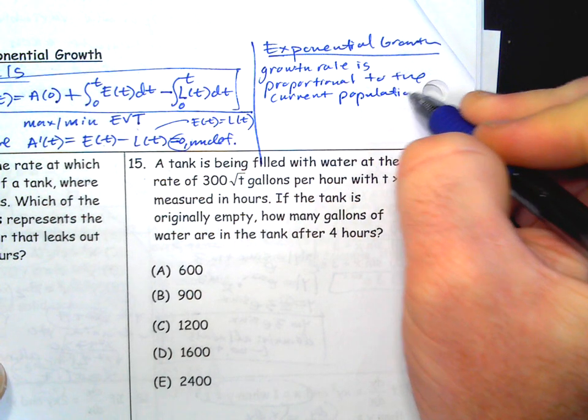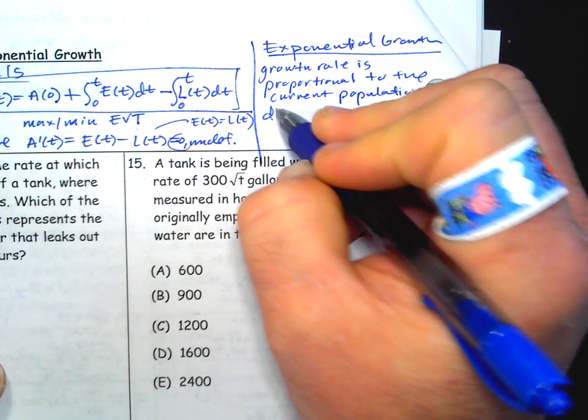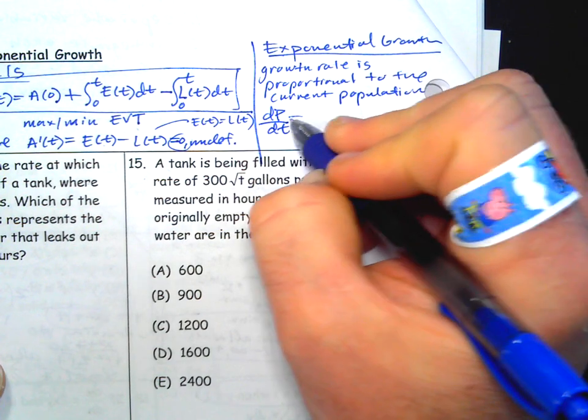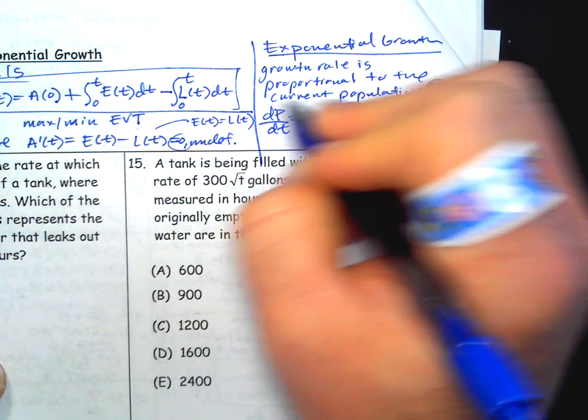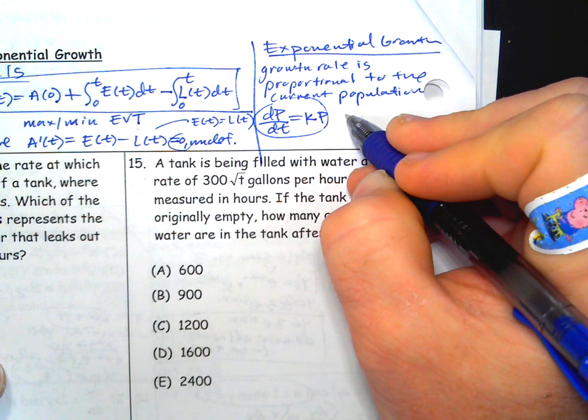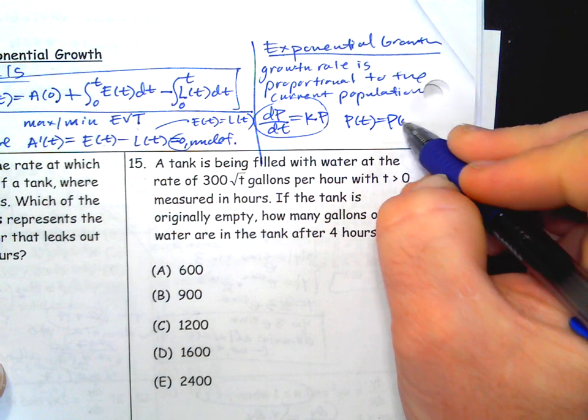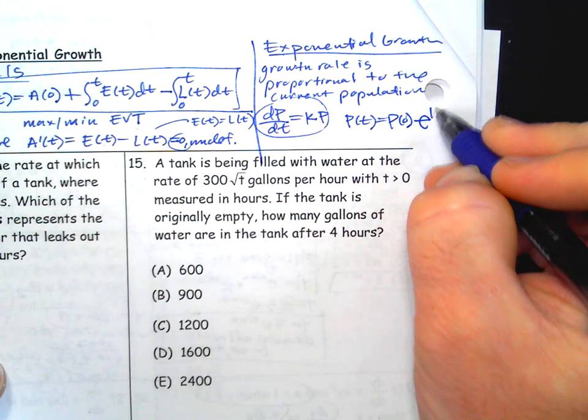And that can be written as a derivative. The change in population over time is proportional to the current amount. Now, if you solve this, you get the population equals the initial population times e to the kt.